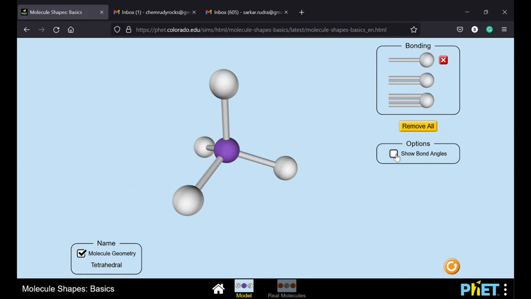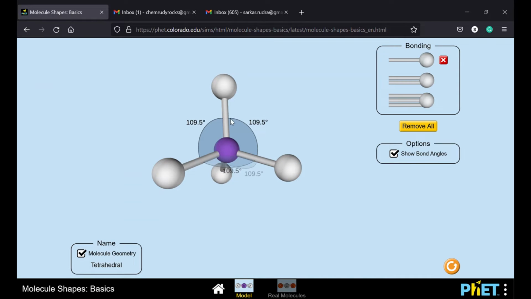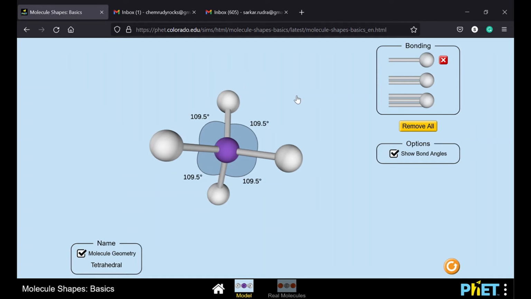If you consider the bond angles, each angle over here is around 109.5 degrees, and the atom over here is sp3 hybridized.